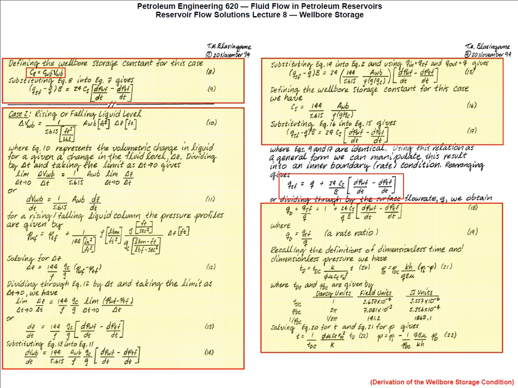Just look at this equation. What happens if I assume a constant bottom hole pressure and a constant surface pressure? So the sand face rate and the surface rate are identical. So that's the premise behind constant wellbore pressure testing, is that you will eliminate wellbore storage.